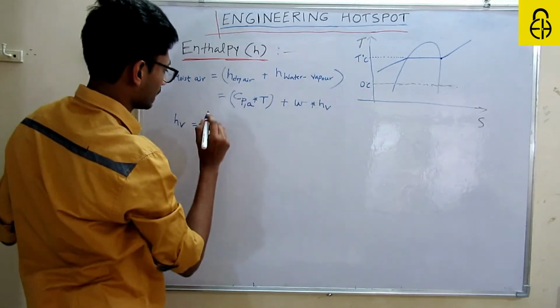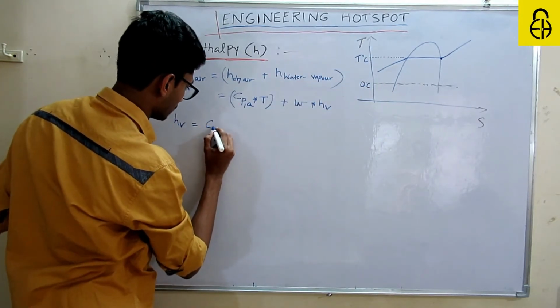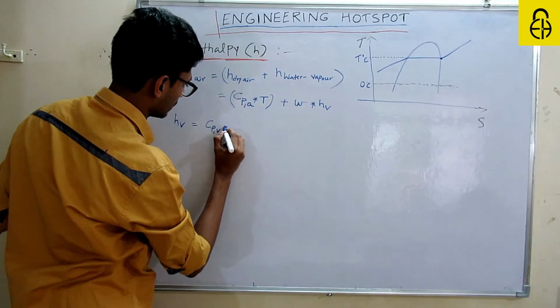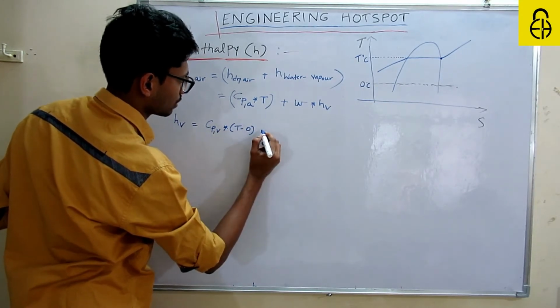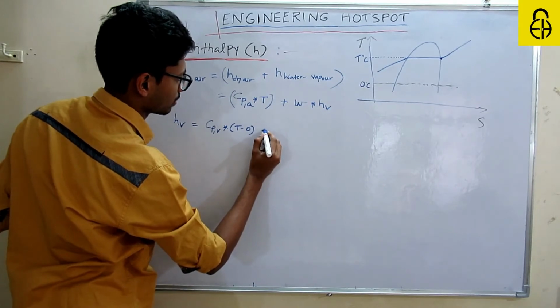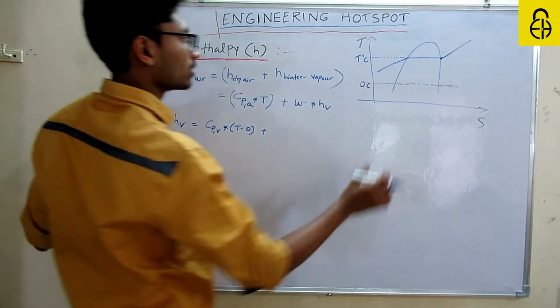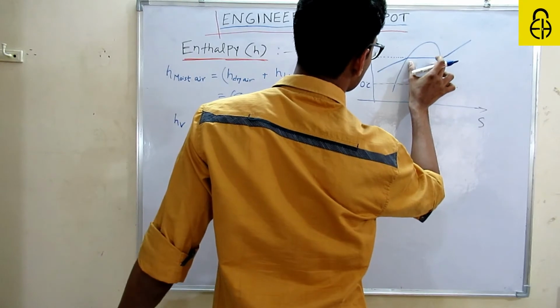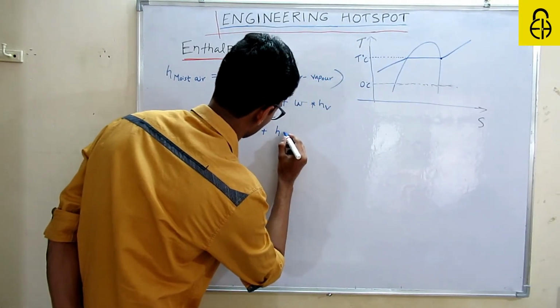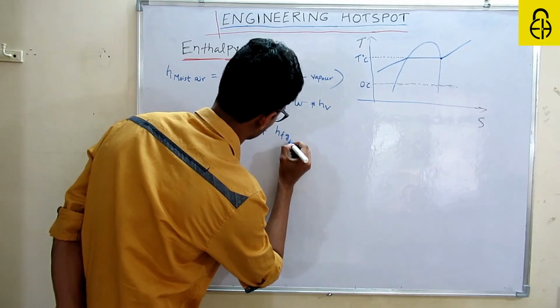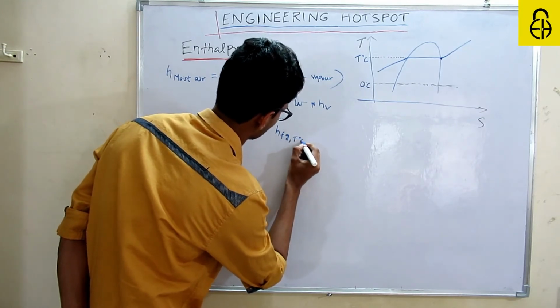From 0 to T, it will be Cp of vapor into T minus 0 degrees, plus this part, which is the latent part. I am writing it as HFG at T degrees Celsius.